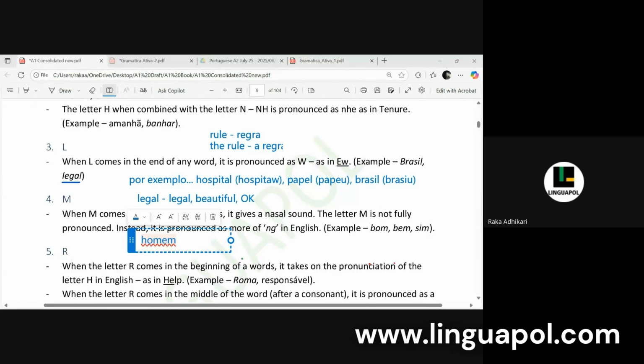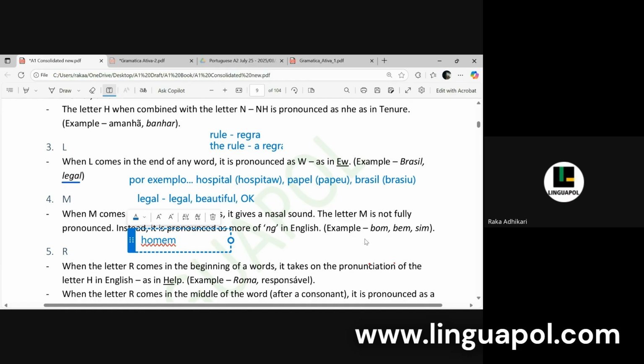You can see there's an M at the end, but we don't say homem with a full M. That means we're not giving the letter M its own sound. We're rather giving a nasal sound to it. So the first M in the same word has the sound of M, whereas the last M is a nasal sound. We don't give any sound to that. It's a nasal sound. Okay.